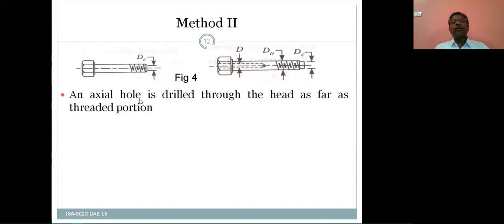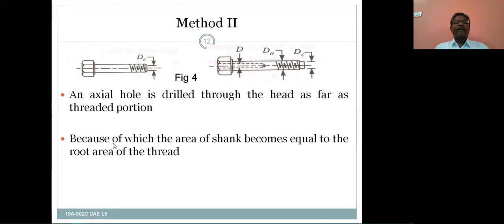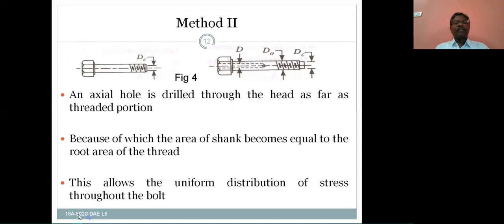So an axial hole is drilled through the head as far as the threaded portion, because of which the area of the shank becomes equal to the root area of the thread, right? So this allows the uniform distribution of stress throughout the bolt. These are the two methods we are going to follow to make the bolts of uniform strength.